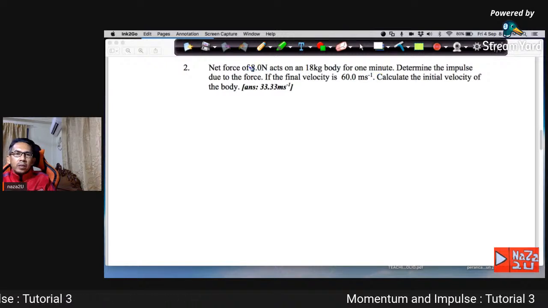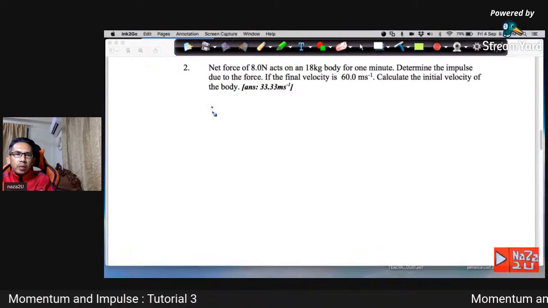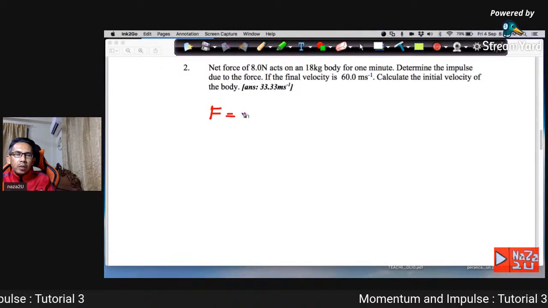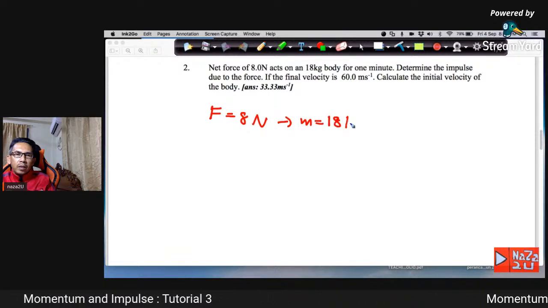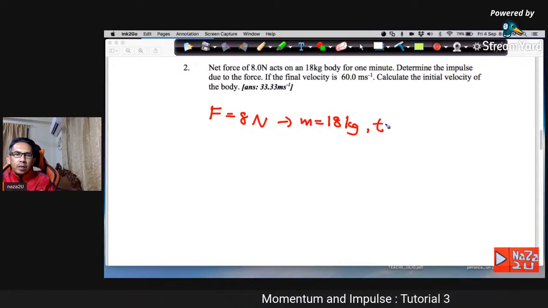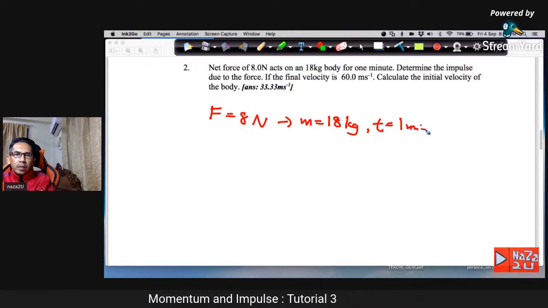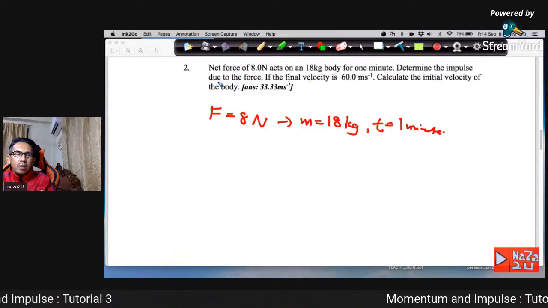So this is the net force of 8 Newton acting on the mass of 18 kilograms. The process here takes t equal to 1 minute. So that means the impulse of the force.